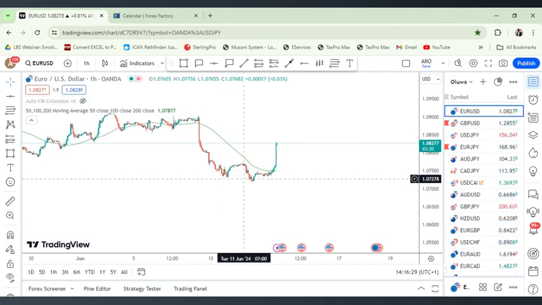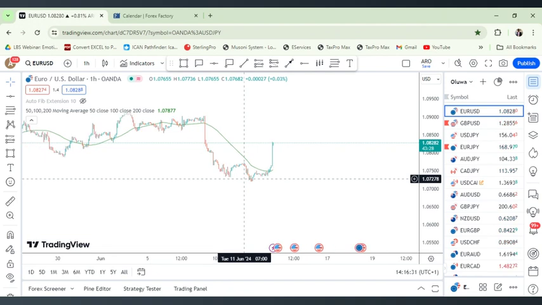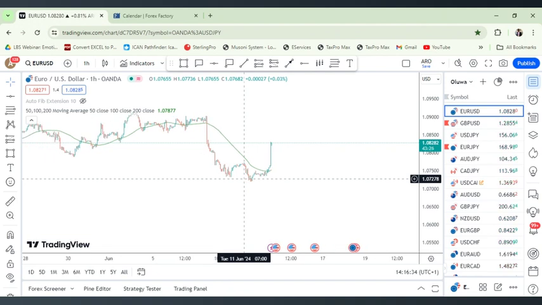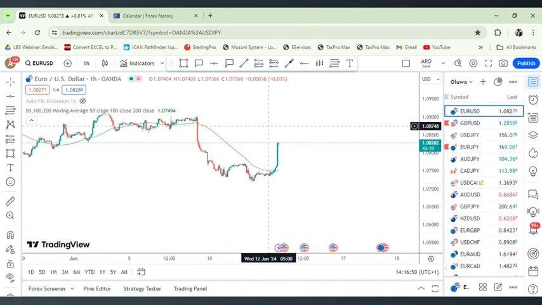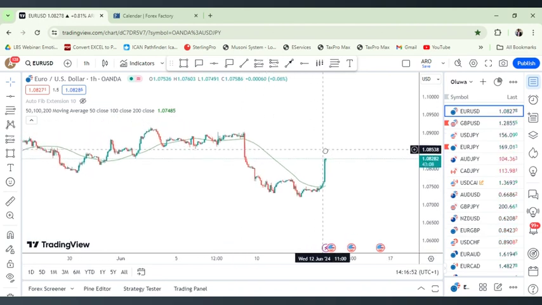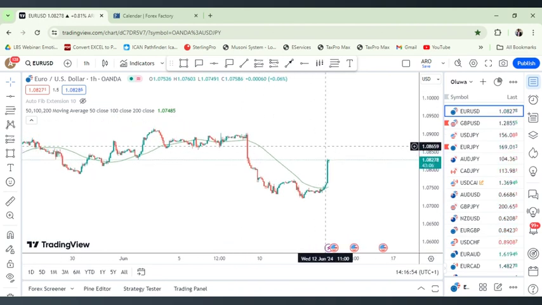This is Euro USD, and what we'll be doing today is discussing how we can leverage this particular market.